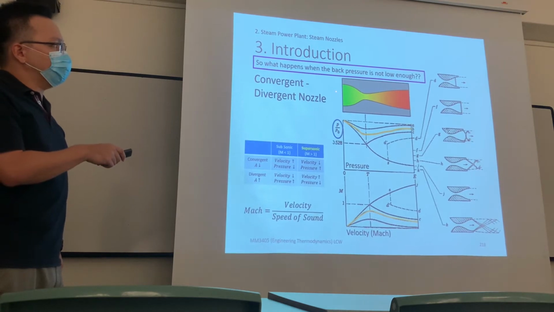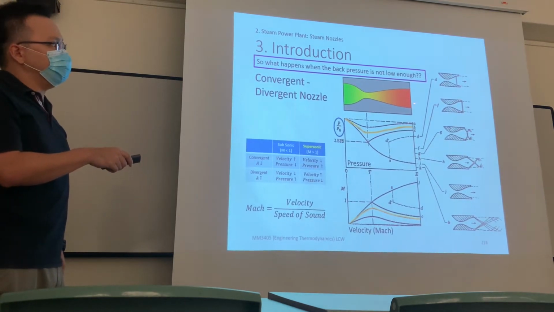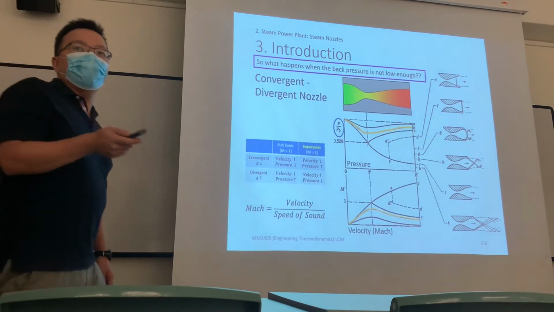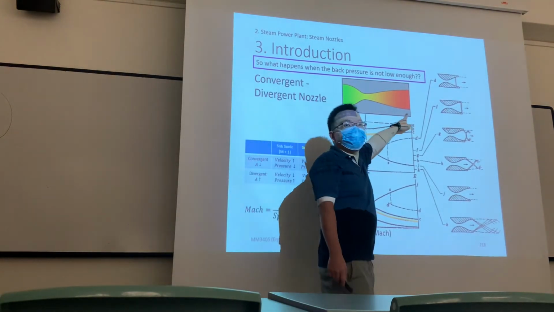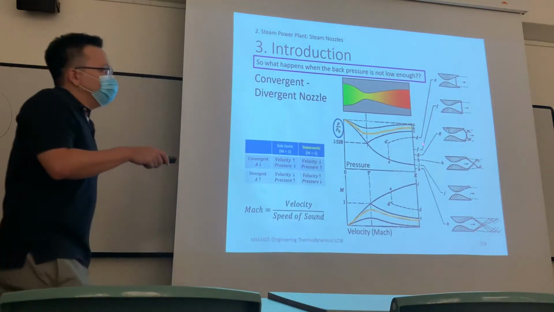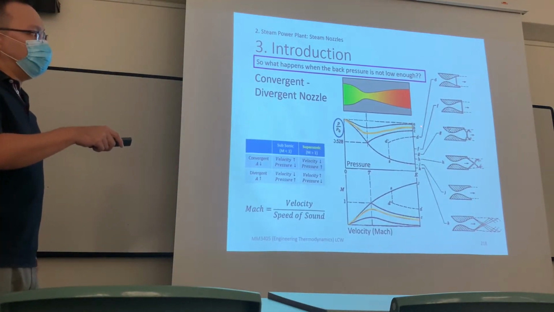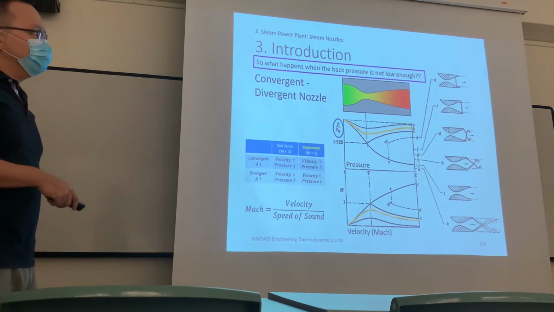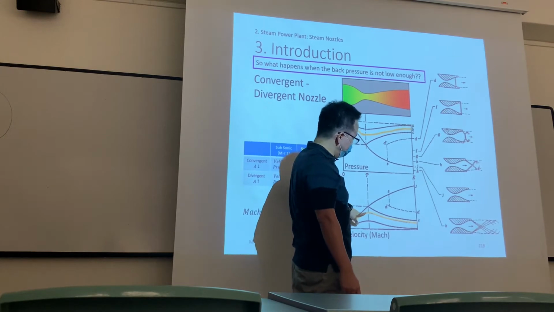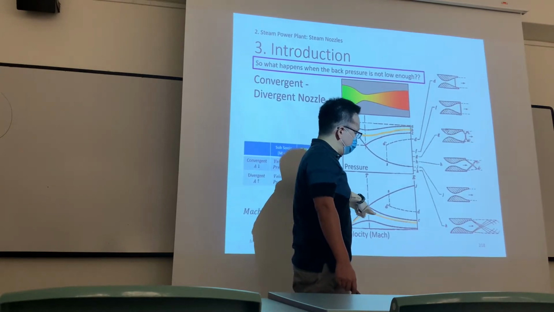Obviously, for something to flow through, your pressure here must be much lower than your pressure here. Make sense or not? Higher pressure will flow to lower pressure. So this shows you what happens with the back pressure here. The pressure at the back here is not low enough. So if you accelerate through, never hit Mach 1, obviously the speed will get slower.